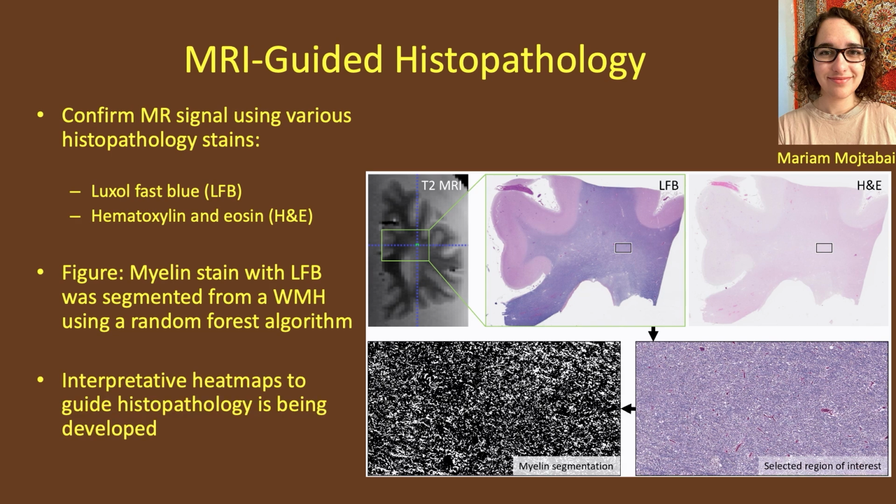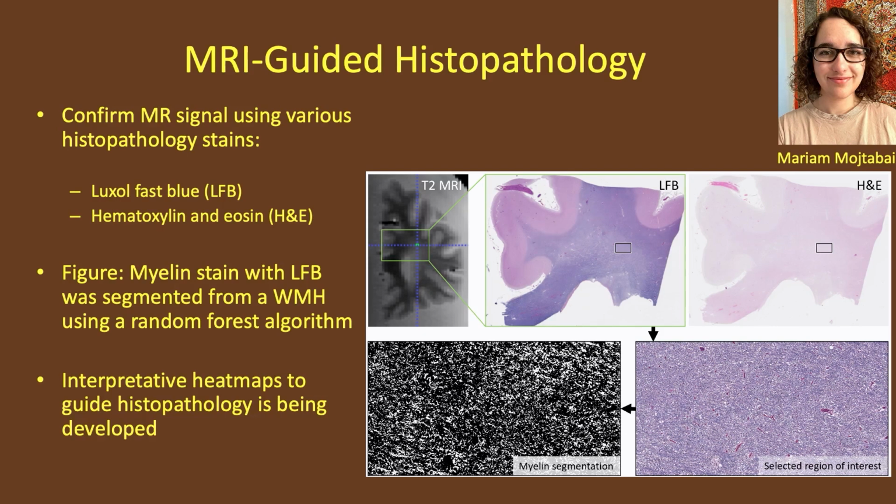She is particularly interested in the evaluation of the intensity of T2 scans and white matter hyperintensities, which are hallmarks of vascular dementia. And the way that she is doing it, after collecting the samples, we are taking histopathological stains. In this example here, we are focusing just on LFB and H&E, although there are many more stains being conducted.